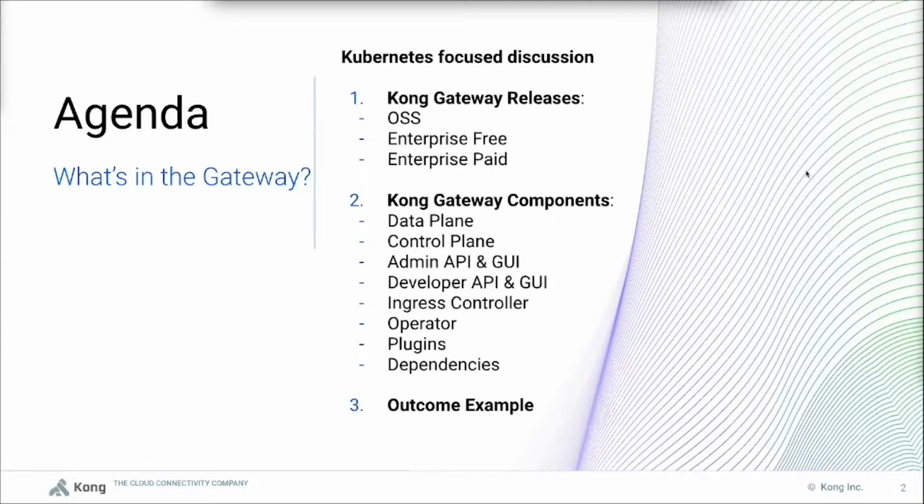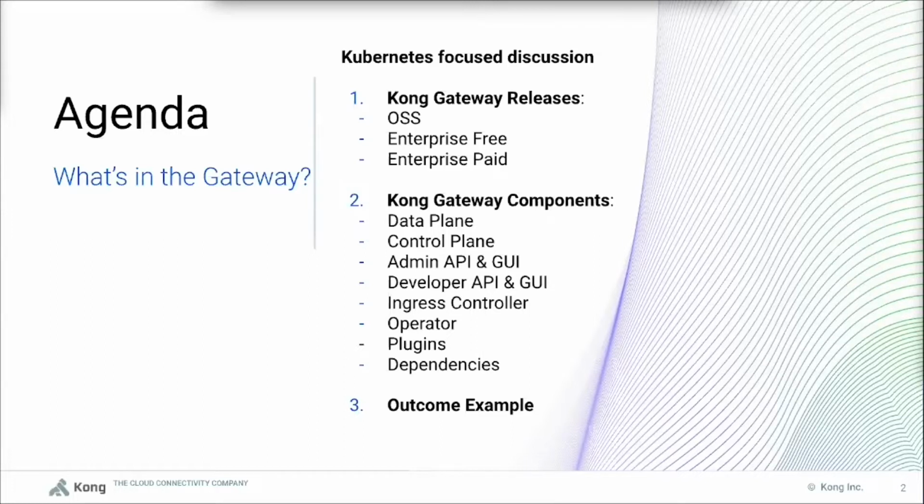So the components we're going to get into today are going to include the data plane, which is the actual proxy component, and the control plane, which wraps a few different pieces. That is the Admin API, the Admin GUI, and the Ingress Controller. Ingress Controller is specific to, obviously, a Kubernetes deployment.